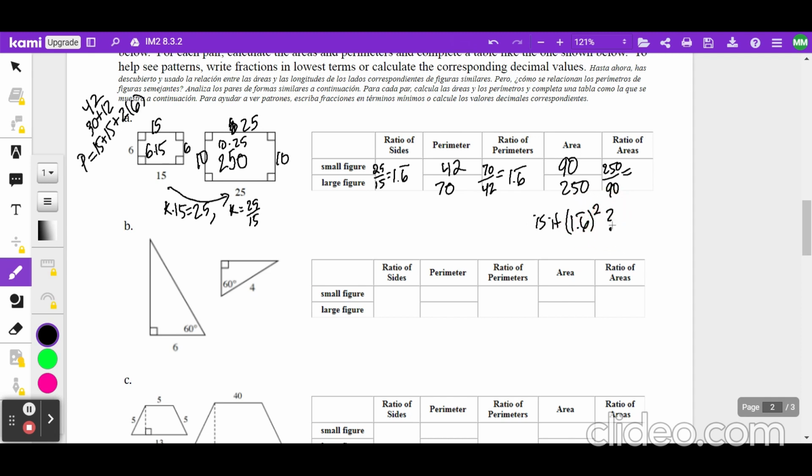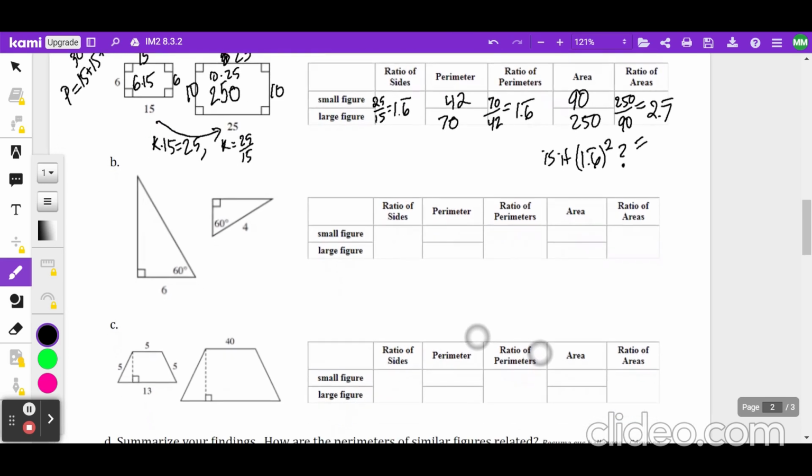Because I think the ratio of the areas should be the square of the ratio of the perimeters. But let's check. 250 divided by 90 is 2.7 repeating. I'm going to check my prediction by taking the square root of that. Yes. It is the square of the ratio of the perimeters. And of course it is, because the ratio of the perimeters should be the same as the scale factor, and the ratio of the areas should be the same as the square of the linear scale factor.